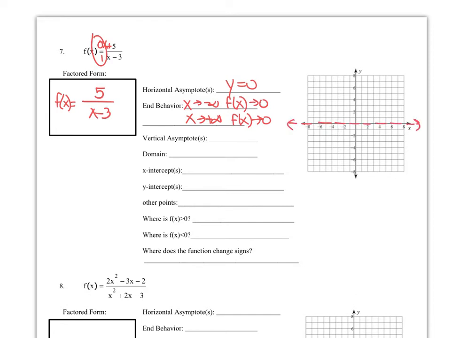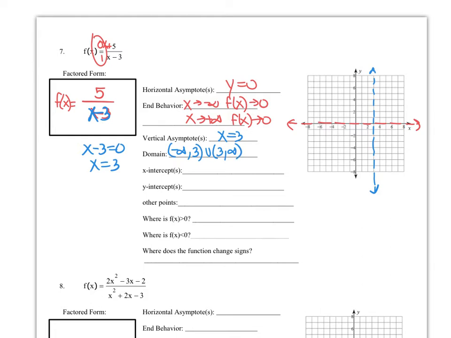Now our vertical asymptotes come from setting our denominator equal to 0. And when I do that, I get x equals 3. And that's a vertical line. And that's going to give us our restrictions in our domain. So our domain will go negative infinity to 3, union 3 to infinity.